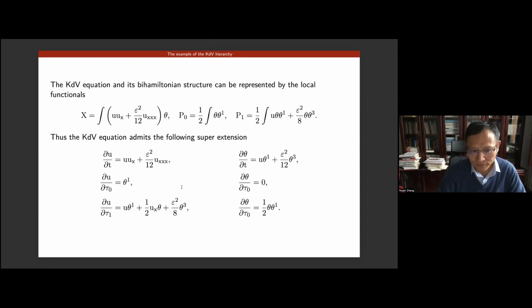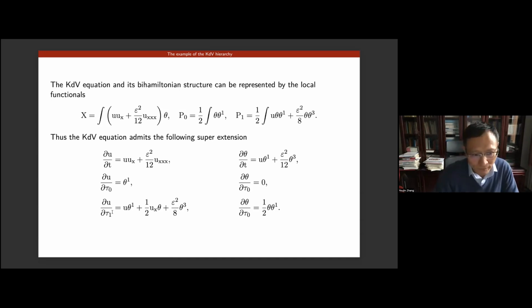And we also introduce two additional super time variables, tau 0 and tau 1, given by the derivations induced by these two Hamiltonian operators P0, P1. So the evolution of u along tau 0 is given by theta 1, and the evolution of theta along tau 0 is 0.